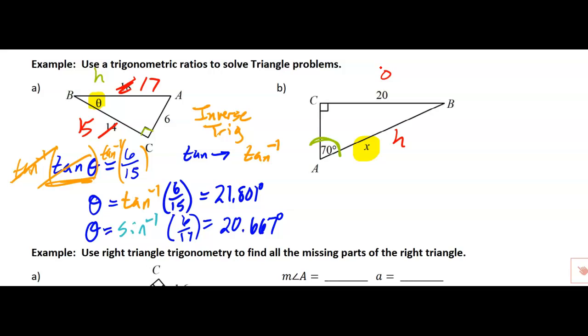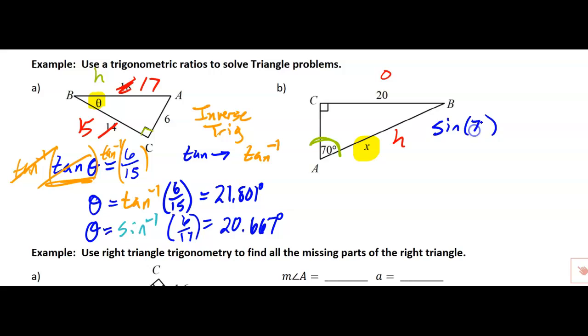What trig ratio should I use for this? Which trig ratio uses opposite and hypotenuse? Sine. So a setup of this problem would be saying, okay, so sine, what do I put inside sine? What number goes in there? What's the angle measure, guys?